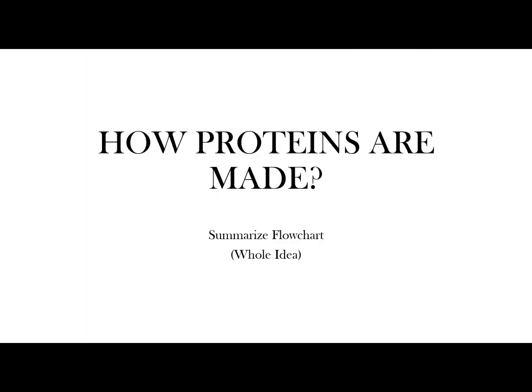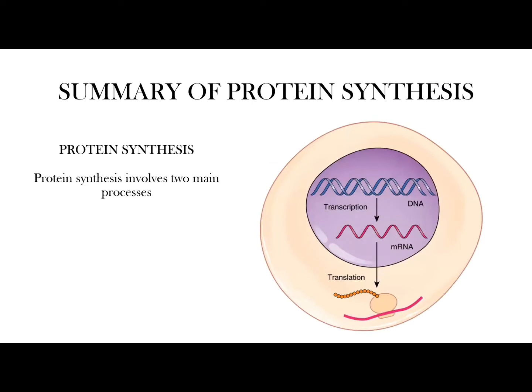So how are proteins made? Okay, this is the summarized flowchart which I want to use to give the whole idea of how proteins are made. Protein synthesis involves two main processes, which are the transcription and the translation process.